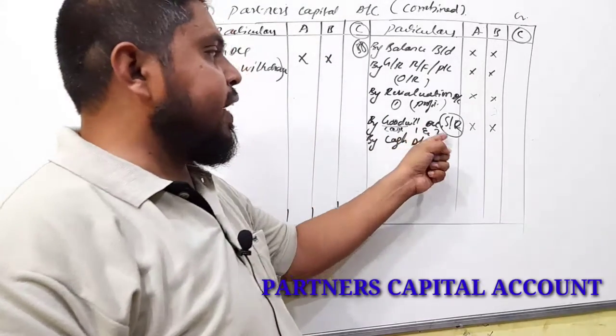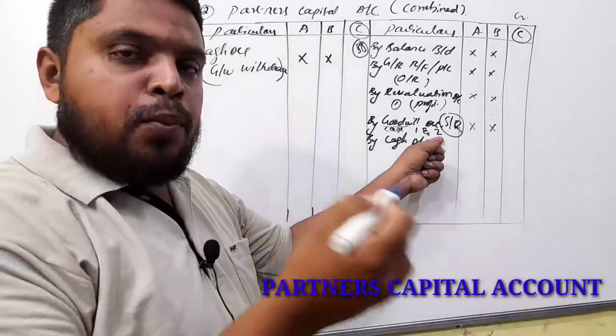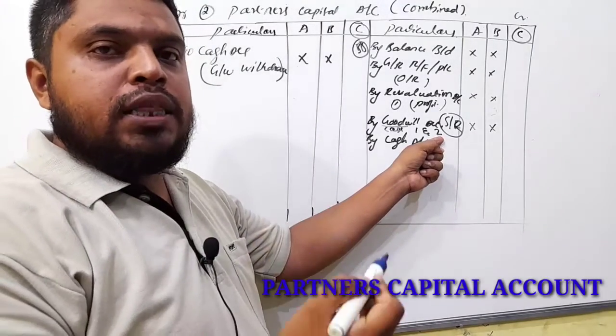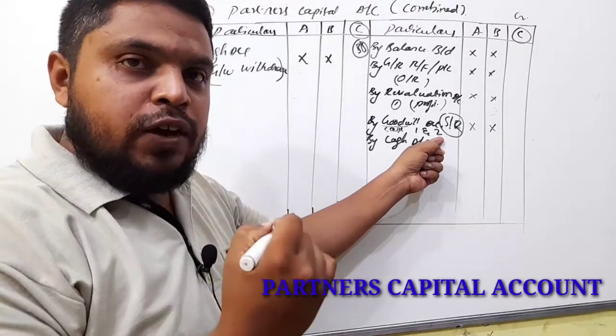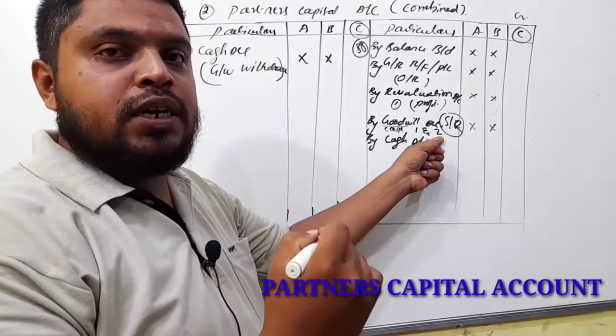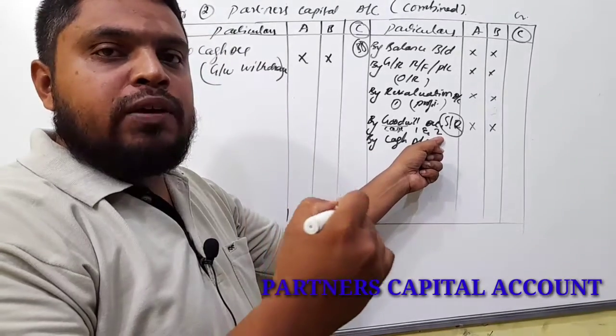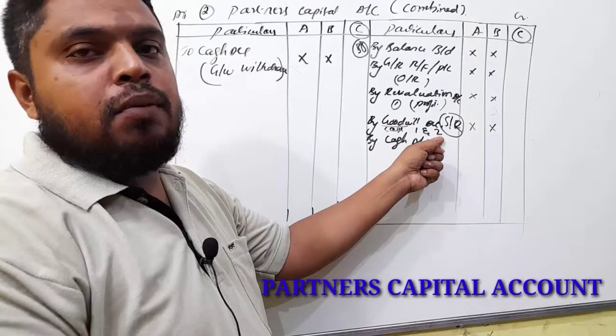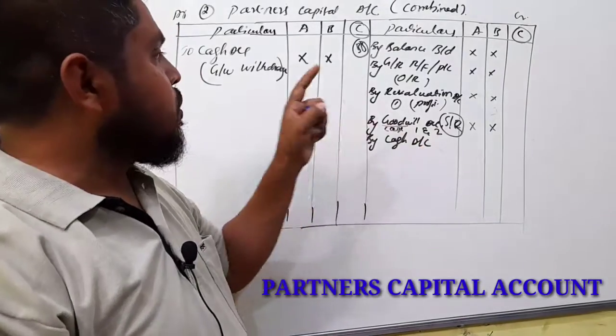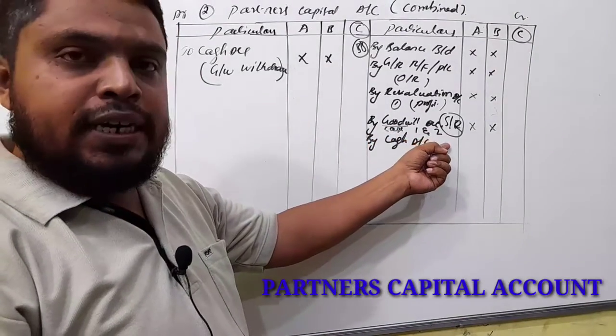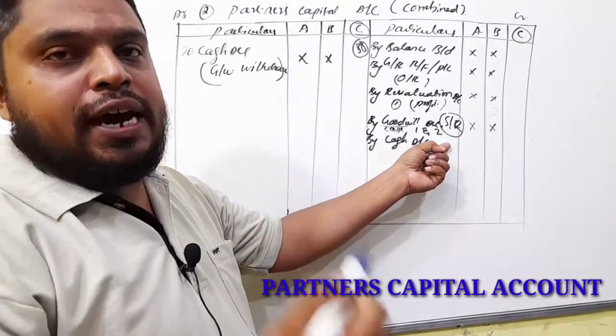Next, second case, goodwill brought by the new partner in the form of cash, that goodwill retained in the business. It means the goodwill amount will continue in the business. At that time, this goodwill amount should be added along with the cash.